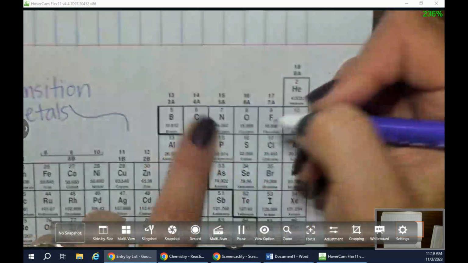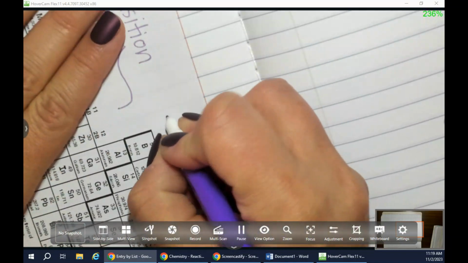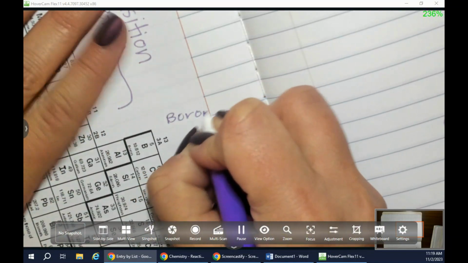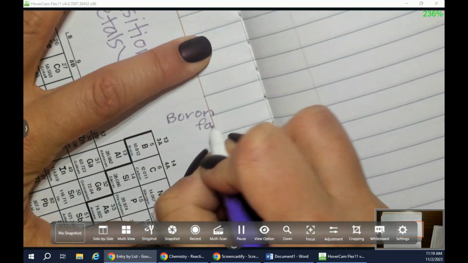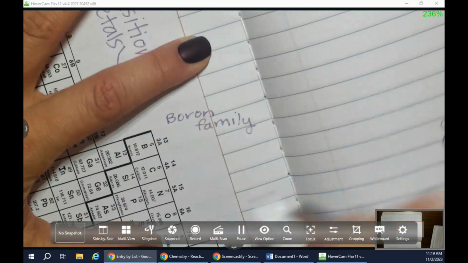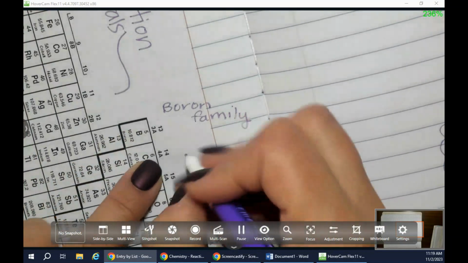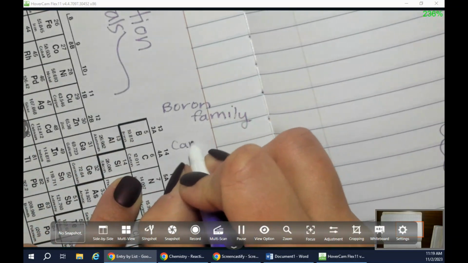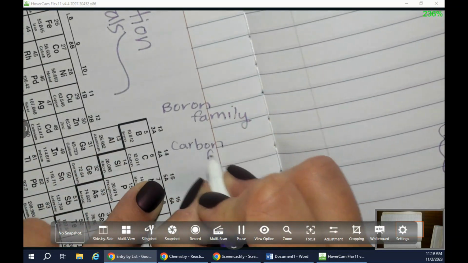Then in groups 13, 14, 15, 16, super boring, but we're going to write them, okay? 13 is going to be the boron family. Group 14 is going to be the carbon family. You see where we're going with this?